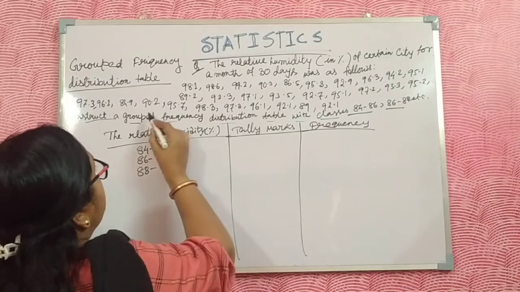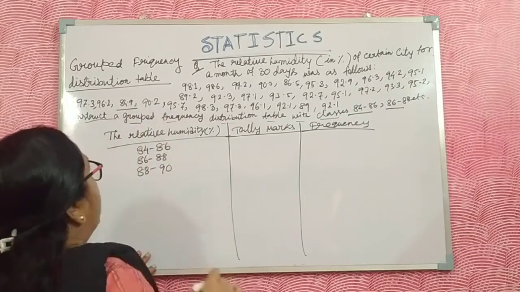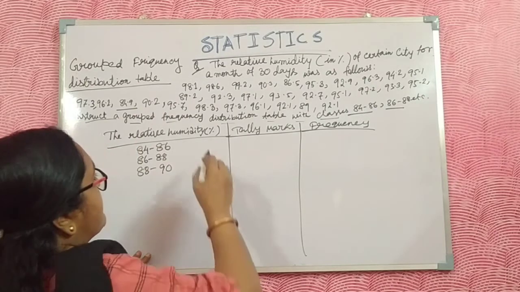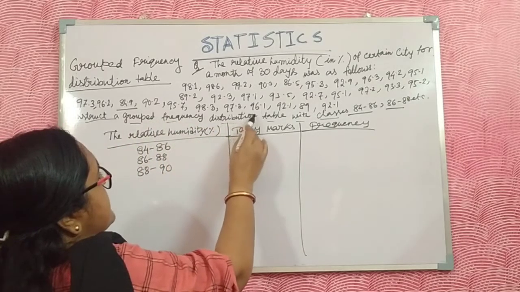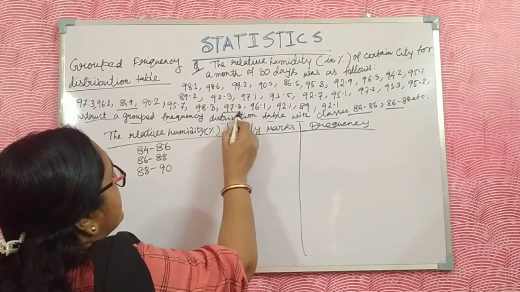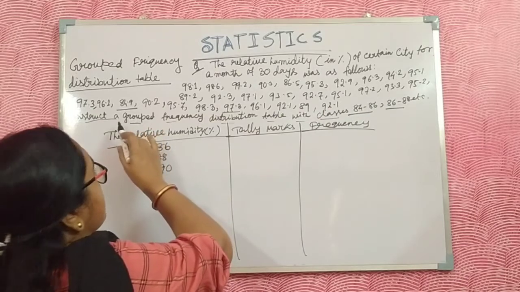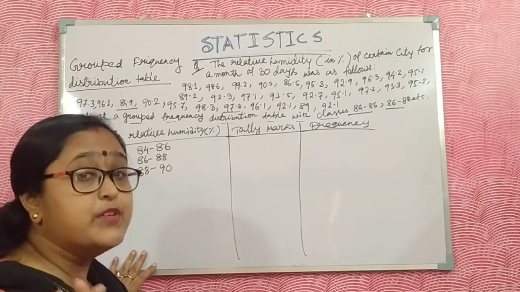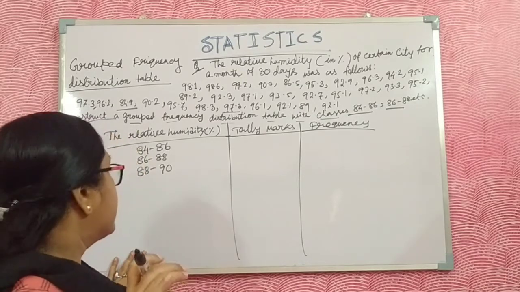The minimum humidity is 84.9, and the maximum humidity is 97.3 on a particular day.